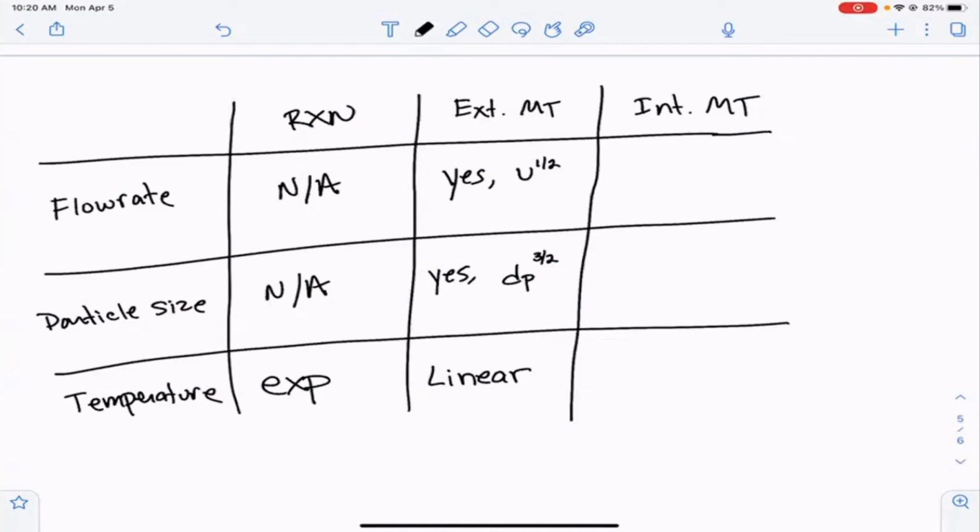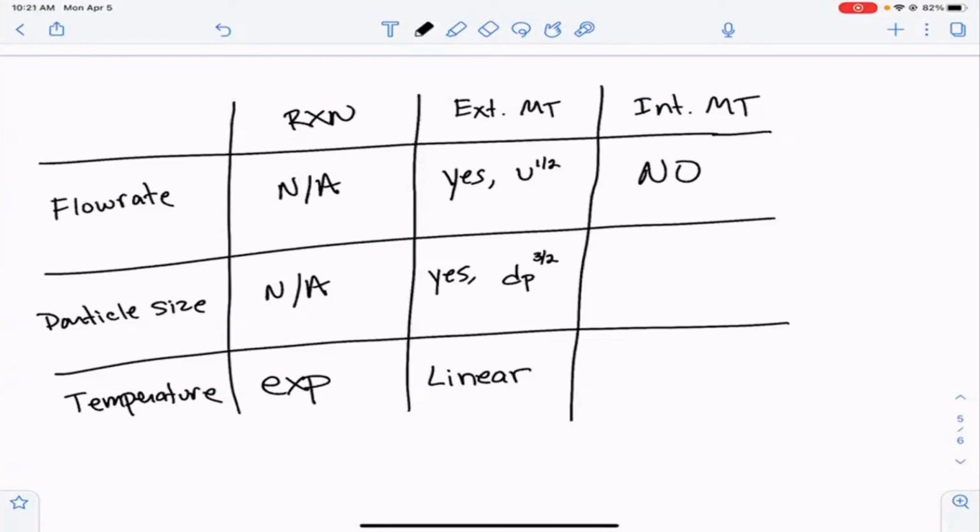And what that means is that if you keep flowing faster and faster, or if you were to back off even on the flow rate, it really wouldn't change anything, right? You're internal limited. So everything that you do outside of the particle doesn't really matter. So you're not really dependent on the flow rate for internal mass transport limited processes.